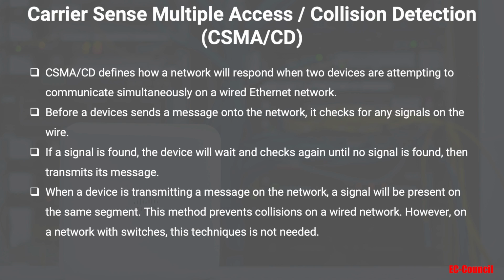If a signal is found, the device will wait and check again until no signal is found and then transmit its message. When a device is transmitting a message on a network, the signal will be present on the same segment. This method prevents collisions on a wired network. However, on a network with switches, this technique is not needed.